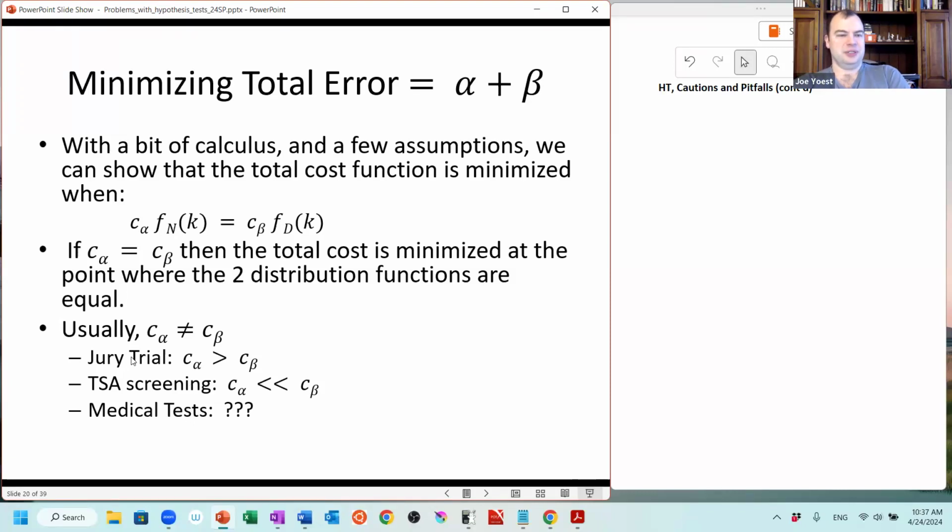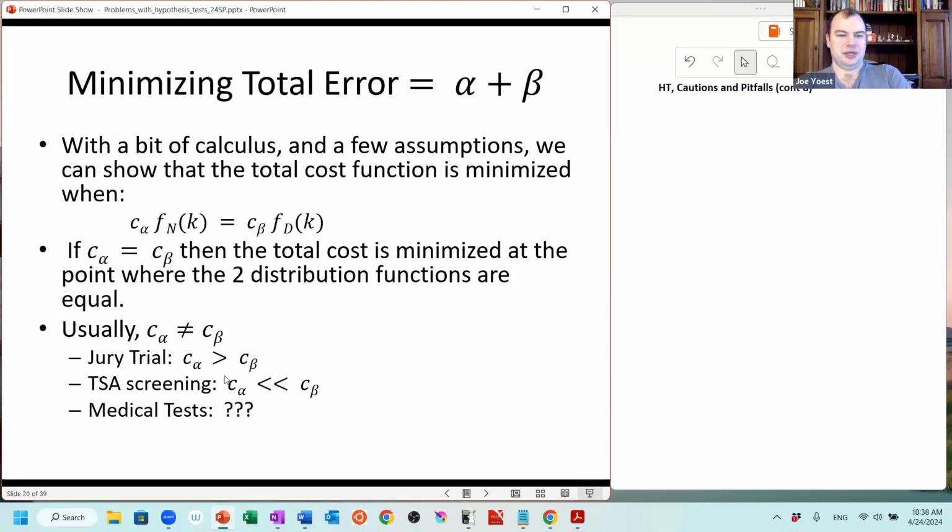And just some examples here with something like a jury trial, the standard example for hypothesis tests, usually we say the cost of a type 1 error is much bigger than the cost of a type 2 error. The cost of rejecting the null of innocence and declaring the person guilty when they're actually innocent, we consider that to be a worse outcome than letting a guilty person go free.